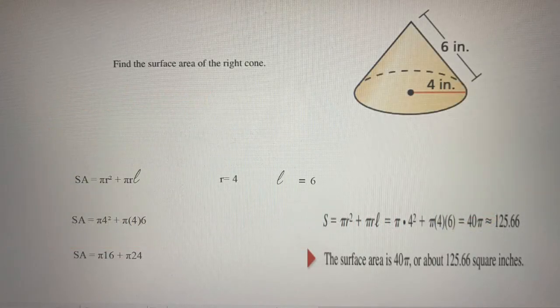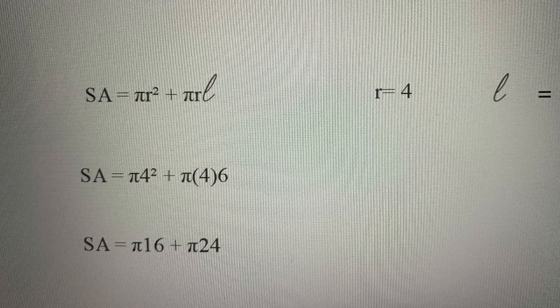All right, let's take a look at a surface area problem. We have this right cone and we want to find the surface area. Well, I know that the slant height is 6, and I know that the radius of the circle is 4 inches. So I know to find the surface area, it's pi r squared plus pi r times the slant height.